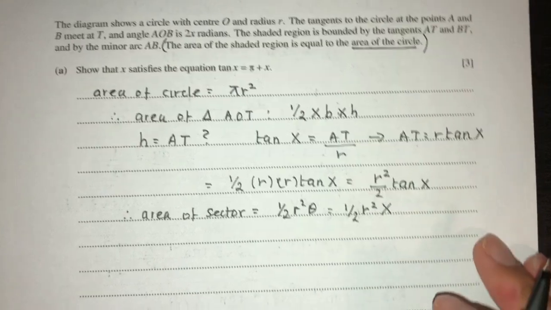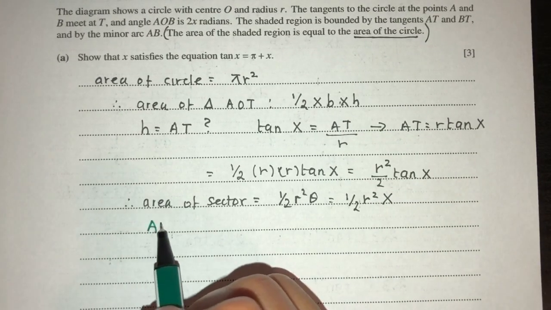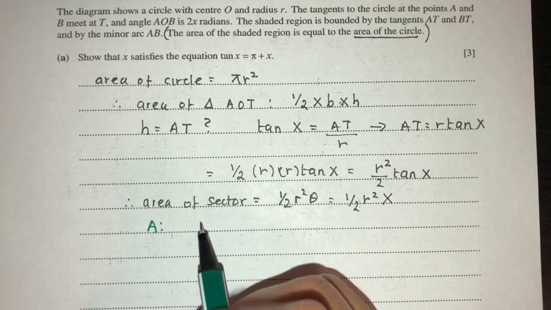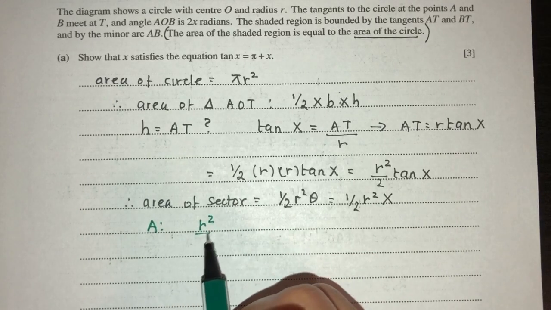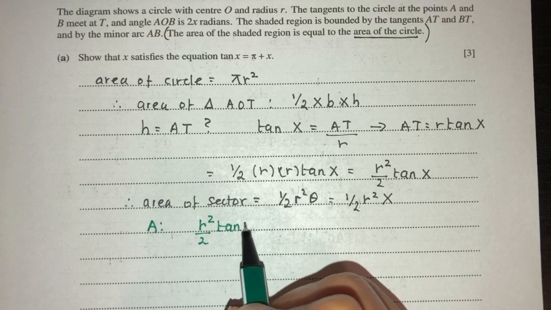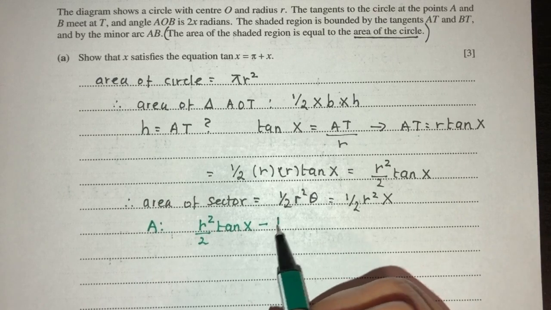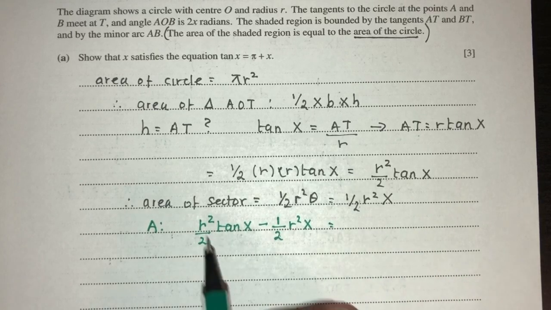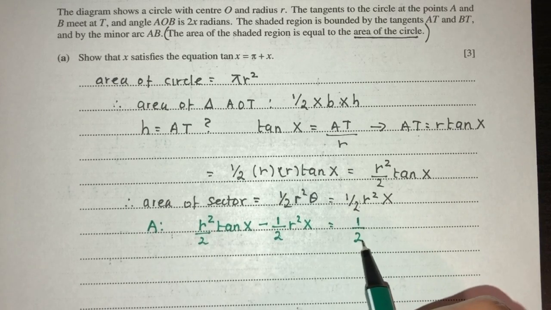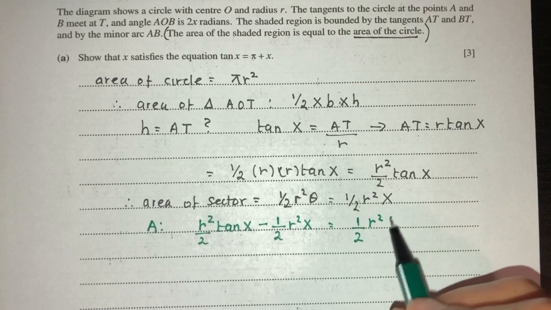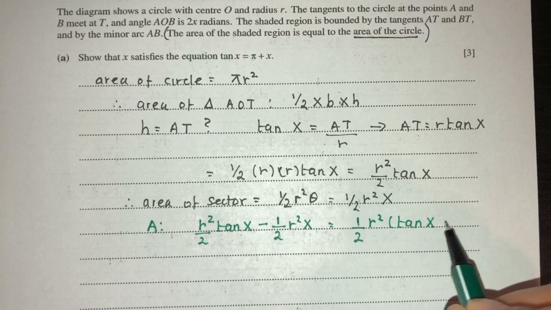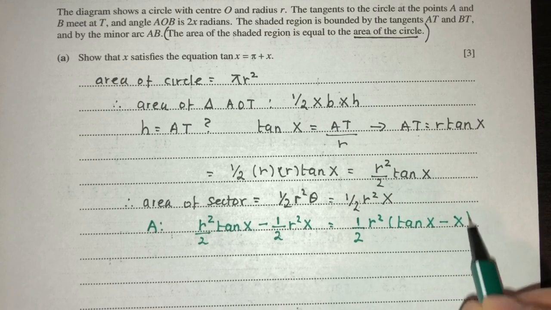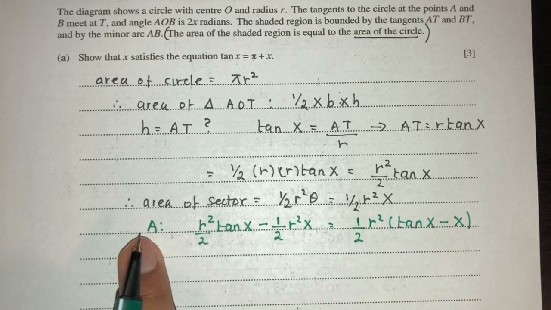So area of A that we want to find is area of triangle, which is r squared over 2 tan x, minus area of the sector. Now we can just simplify. We can take out half, we can take out r squared, you will have tan x minus x on the inside. So that will be your area of A.